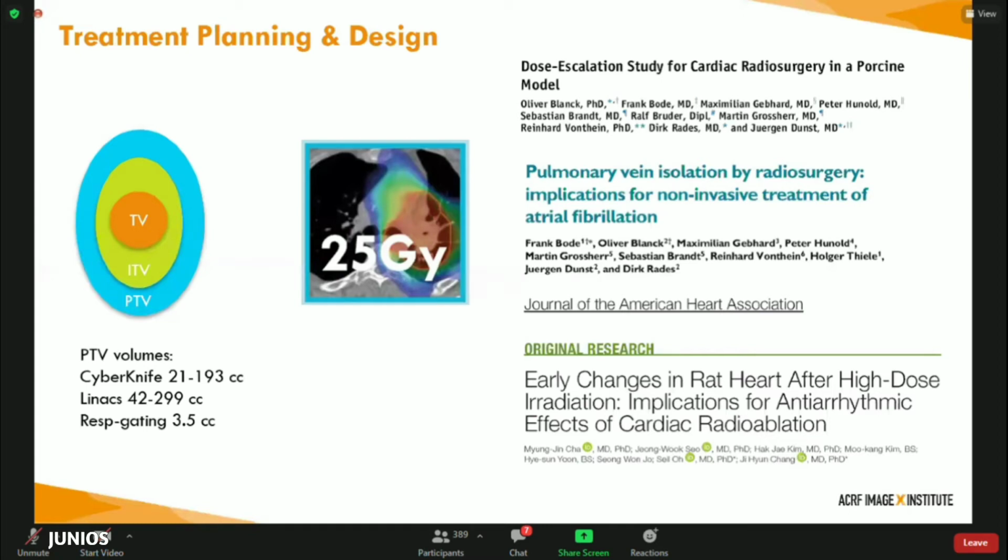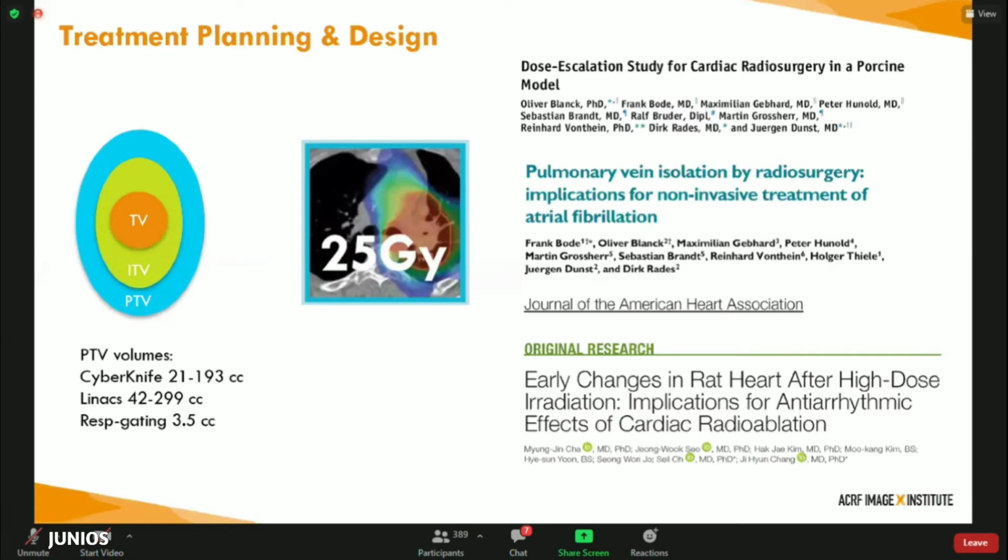A number of preclinical dose escalation studies were performed on animals with differing or inconclusive results. For example, some 25 gray treatments to animals gave incomplete clinical effect, suggesting a higher dose may be required, but clinical treatment outcomes on humans with VT treated with 25 gray have been relatively successful.